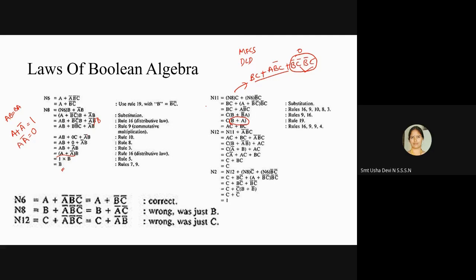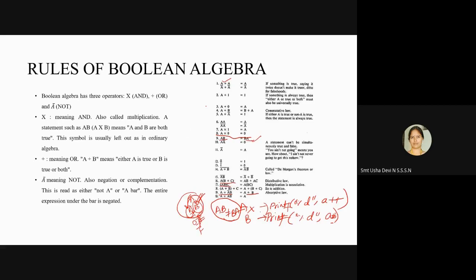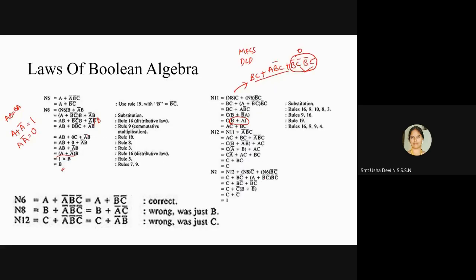B plus B bar A is equal to the same value, A plus B. So similarly we got A plus B here, so this is AC plus BC. Now we can compute N12. Like that you need to proceed with the computation of N12, then N2. Finally you get the N2 value as 1.